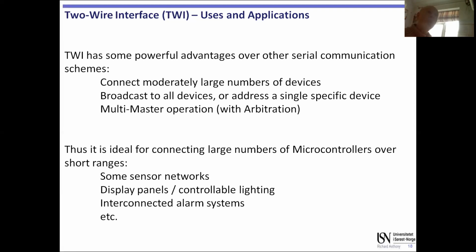You cannot do that with USARTs, and you cannot do that with SPI, not easily anyway. It's very complicated. So this is the way to connect multiple devices. It's not really suitable for one-to-one communication because of the extra complexity that comes with this.